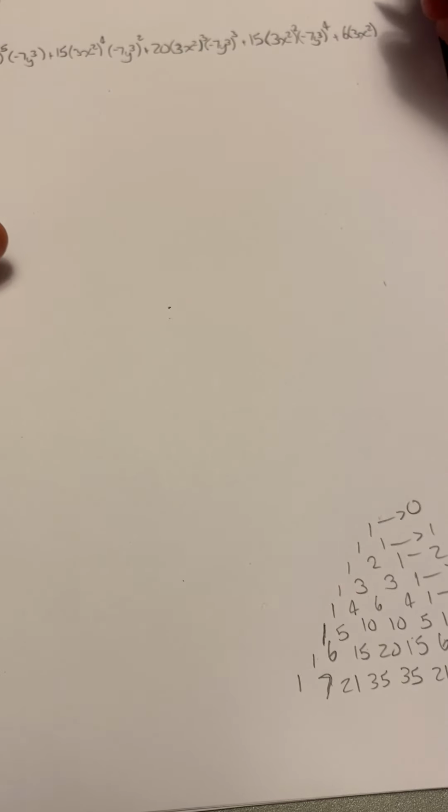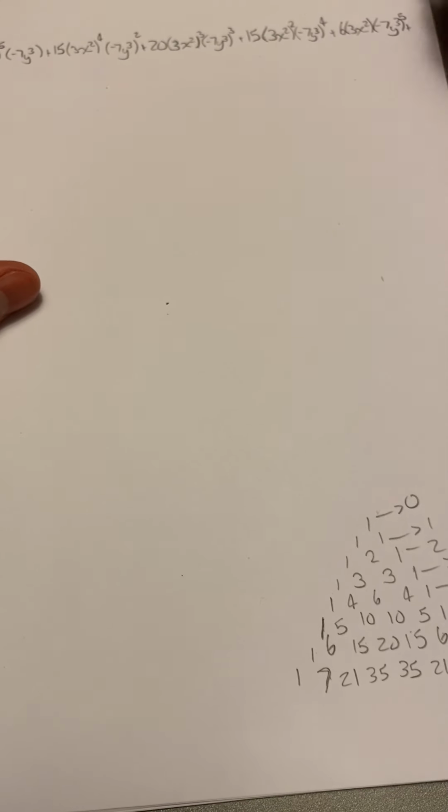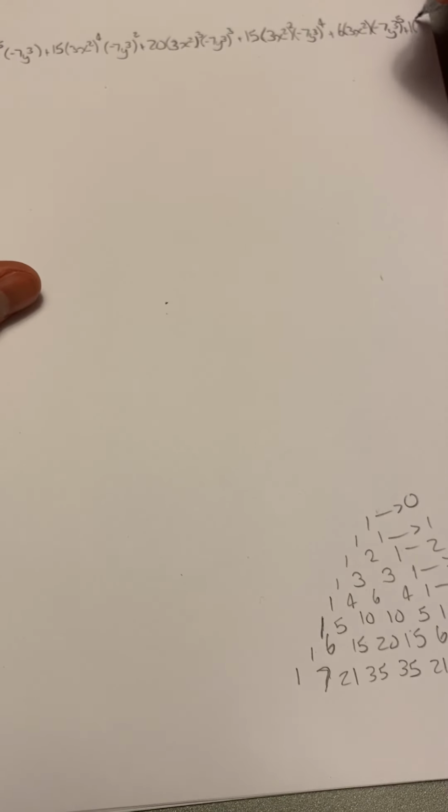And now you're at the bottom of the x terms, so there's no exponent, it's just to the 1. Negative 7y cubed to the 5. And your last one, we can squeeze it in. 1 negative 7y cubed.